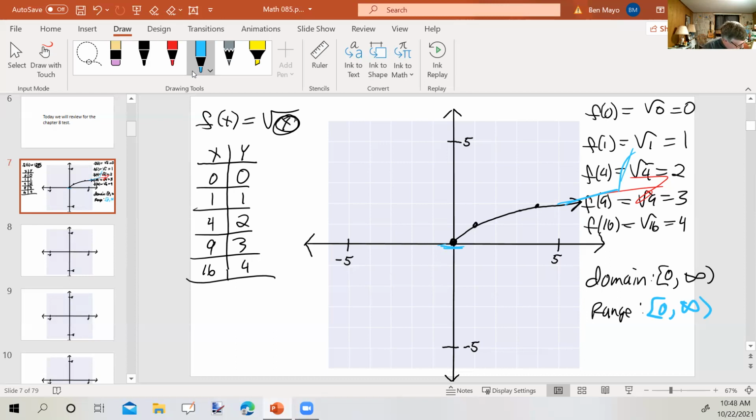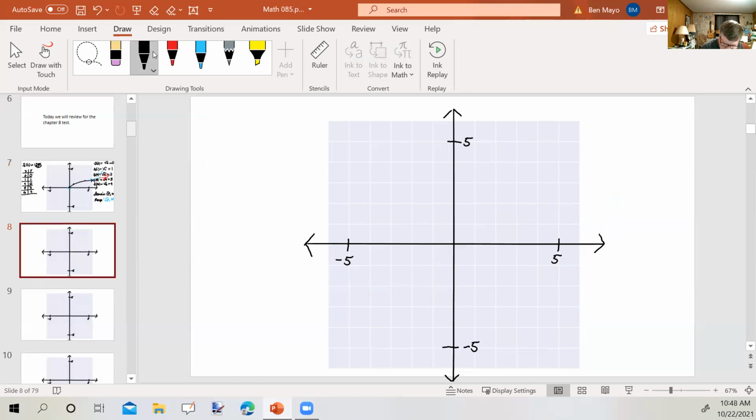All right, let's see here. Here's another one that says, graph the function, give the domain and range. And the function is f of x equals the square root of x plus 4.